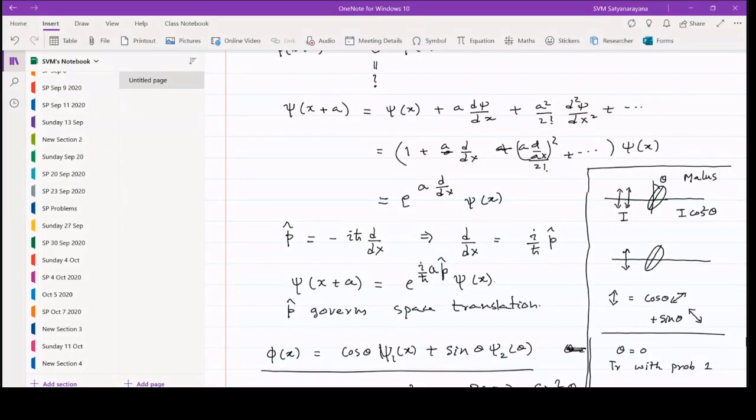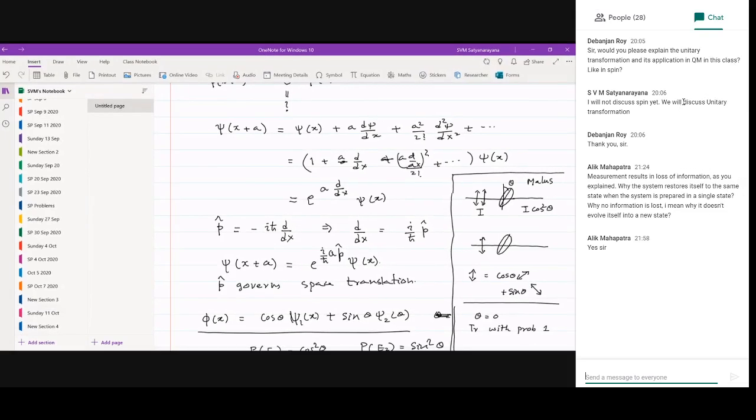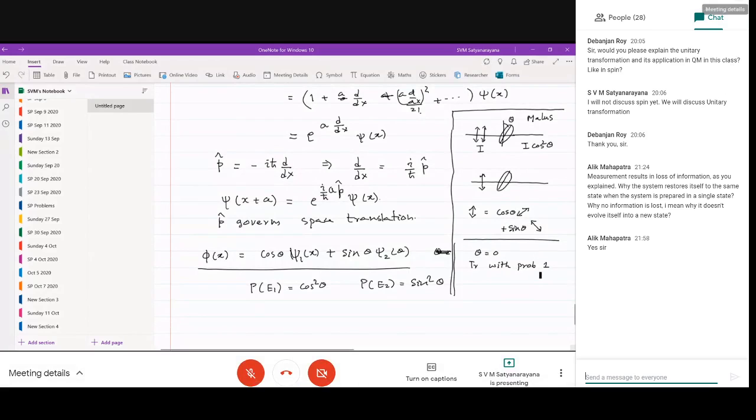There is no loss of information, and no loss of intensity here. But if theta is not equal to 0, then there will be a probability for transmission and a probability for absorption. That is why, if you start with an eigenstate of the operator, there is no change in the state. I hope that was the question.